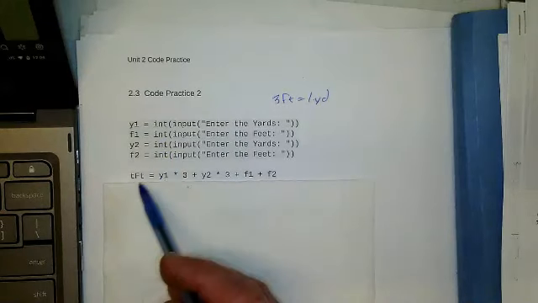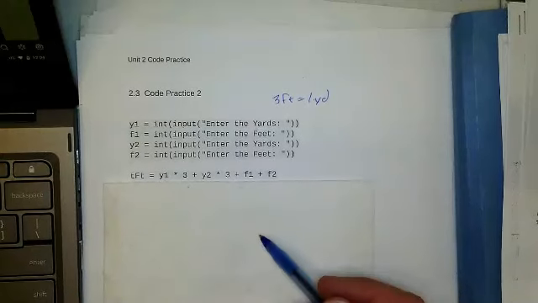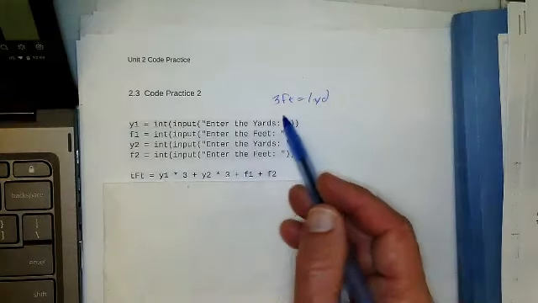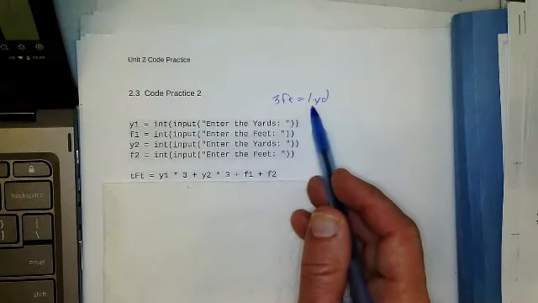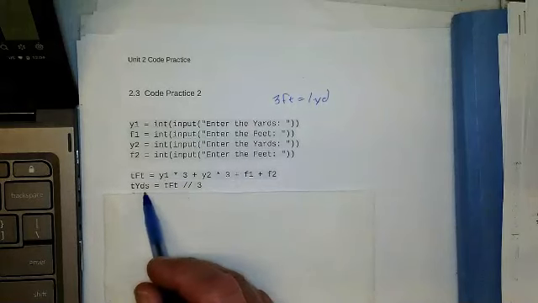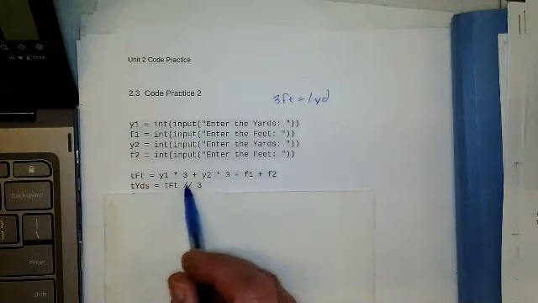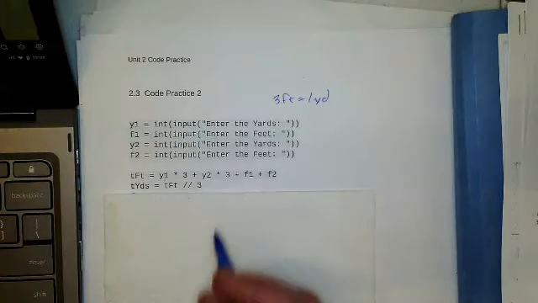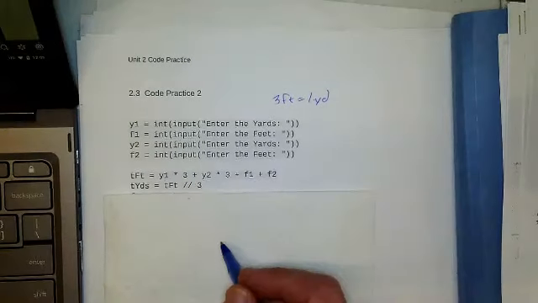Now we have to change that total feet into yards. We have some total, but we want to change the number of feet into yards. Well, 3 feet make a yard, so we're going to divide total feet by 3 to get what I'm calling total yards. This is integer division, double forward slashes.